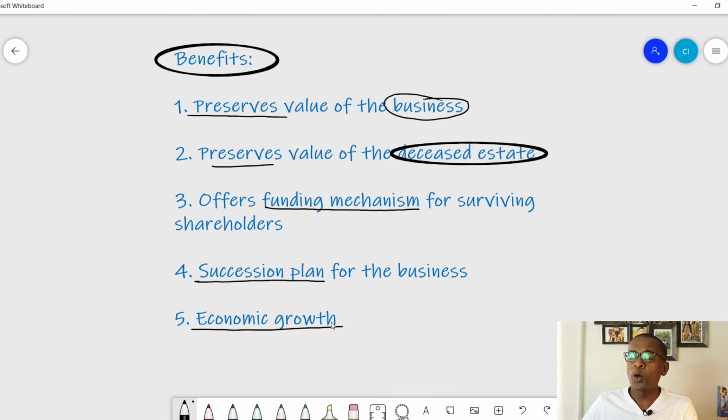Now, I know we've been talking about death, but it's just to simplify the video as an introduction for now. But the other thing we could have done is to have added disability cover, so that if Mr. King got disabled, a disability benefit pays out, so that Mr. Green can buy him out as well. But for now, we just used death as an example.